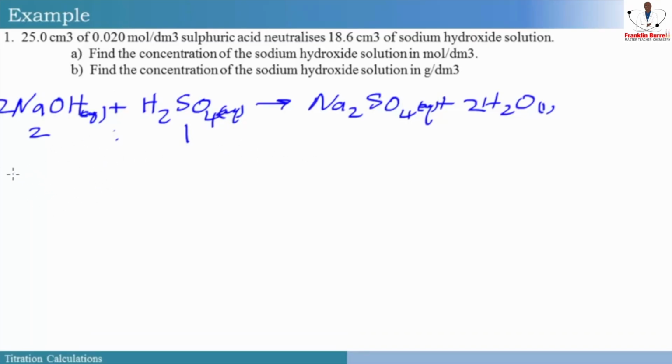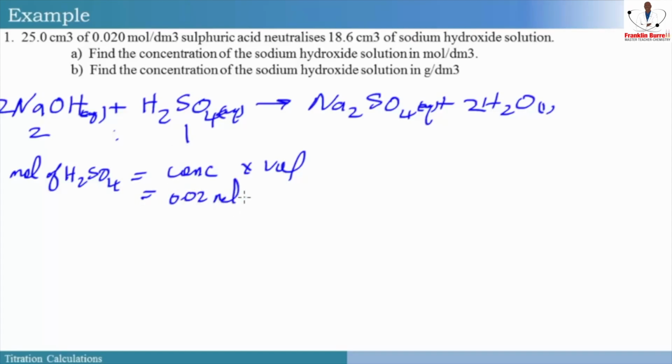So moles of sulfuric acid equals concentration times volume. And the concentration here is 0.02 moles per dm cube.